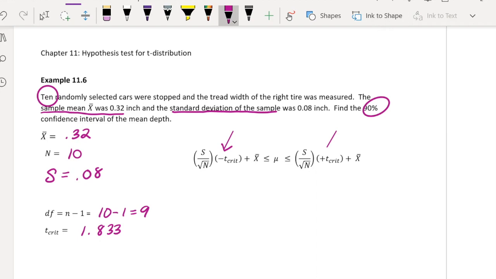Let's do this. 0.08 over the square root of 10 multiplied by negative 1.833 plus the mean, which is 0.32, mu, also mu.